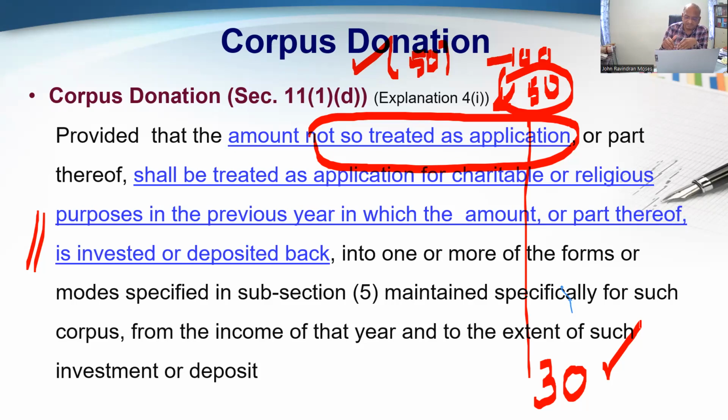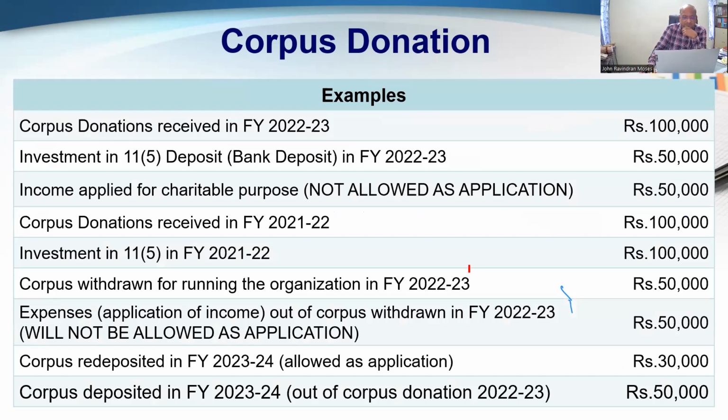In the subsequent year, when you are recouping, when you are putting back the amount so applied into 11.5 mode, that will be allowed as application to you. But I tell you, this is not simple. They are not allowing this. It's very simple, anyway. This is an illustration I've given here.